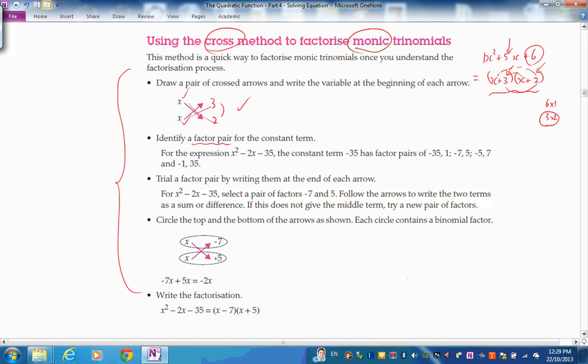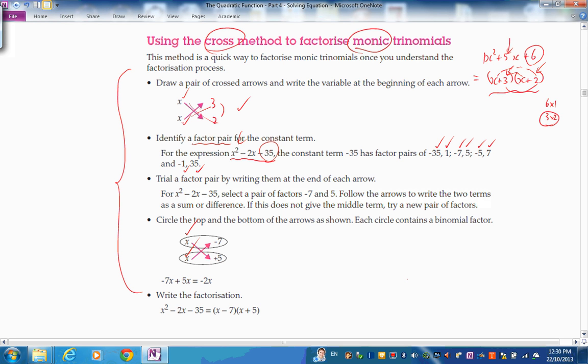So let's do it for this next one here. You look at the front term, so that's x and x. So put that down here, come down to the bottom. And then you say, let's look at this term, neg 35. Now that could be neg 35 and 1, or neg 7 and 5, or neg 5 and 7, or 7 and neg 5, and neg 1 and 35. All the different combos to give the number 35.